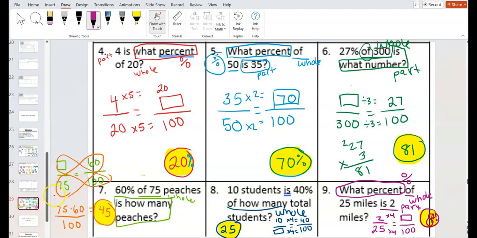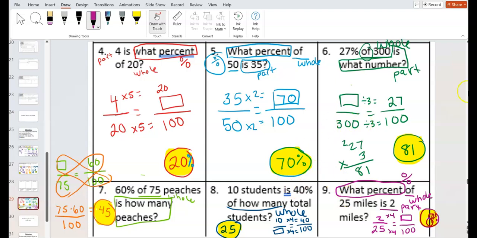So instead of trying to find a scale factor, I'm going to multiply 75 times 60 and then divide by 100. So you can see I'm cross multiplying the two numbers I have and then dividing by that third number that's there. So when I do that, I get 45. So 60% of 75 peaches is 45 peaches.